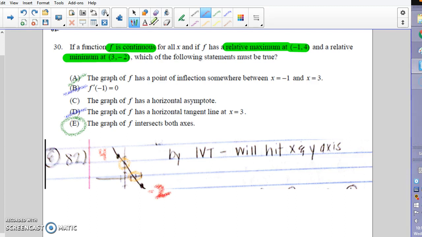The intermediate value theorem says that the function has the possibility to take on every single y value in between those two things. So the function can't spike up, because we don't have anything above 4, and it can't swoop down below -2. So we just know that it's going to take on all the y values in between 4 and -2 based on the 2 points that we were given. So that's why it's E.